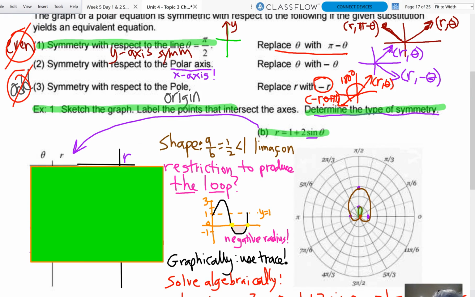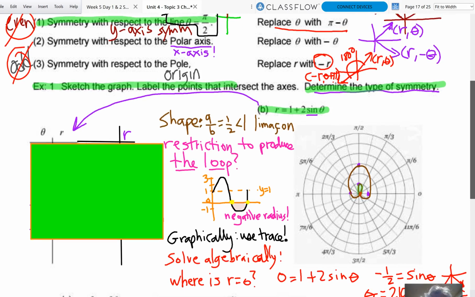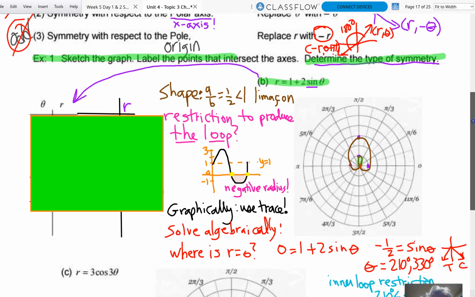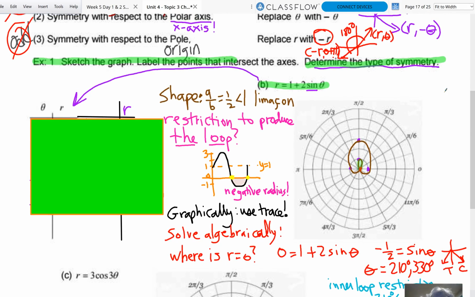You really should be saying at this point, symmetrical over the line theta equals pi over 2, which we already know is basically the top half of the y-axis. So we know the symmetry. It's theta equals pi over 2 symmetry.